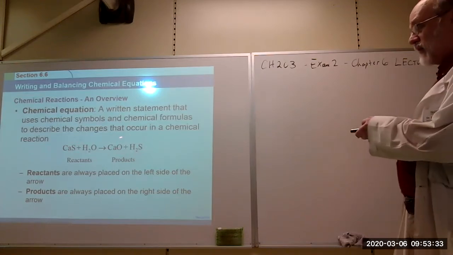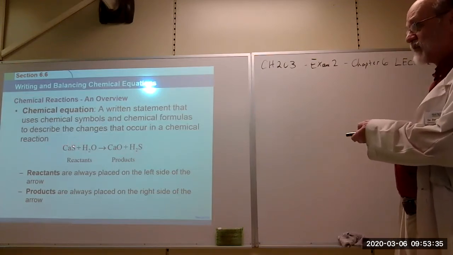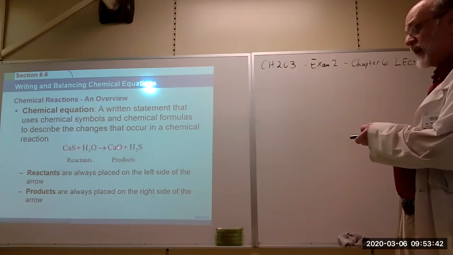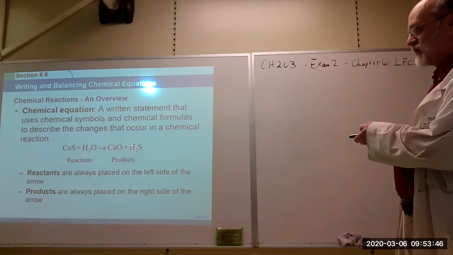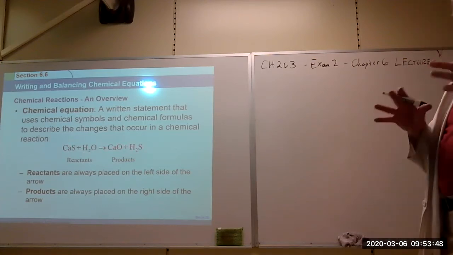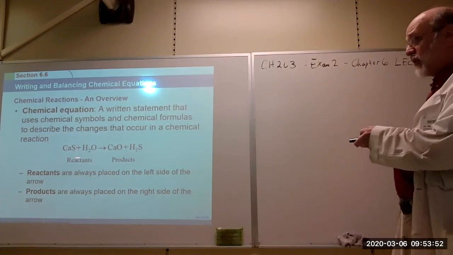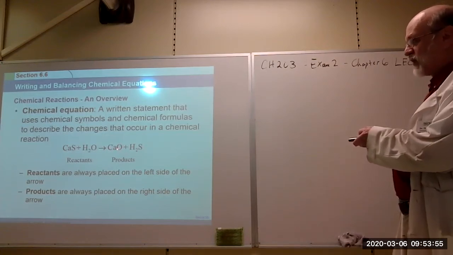So you got to write the compounds correctly. Calcium is 2 plus, sulfur is 2 minus, that's good. Water is given. Calcium oxide, that's 2 plus, that's 2 minus. That's 1 plus, and this is 2 minus, so you need 2 of those. So those are written correctly. And the reactants are put in their proper place, products in their proper place.